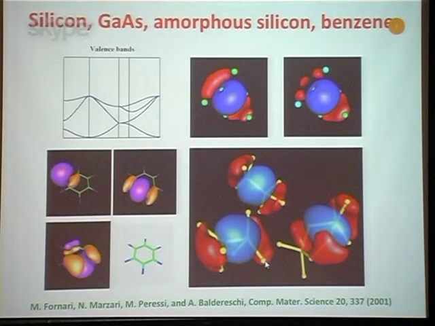You know, up to now we have discussed silicon, gallium arsenide, water. These are all systems where the valence bands are separated from the conduction band by a gap. And of course, then there is a gap also between the valence bands and the lower lying core states that would give rise to flat, very separated bands.